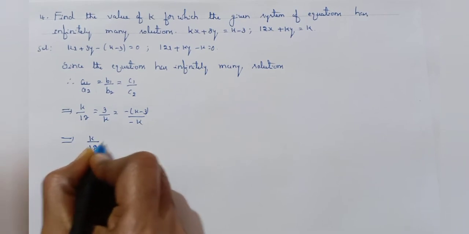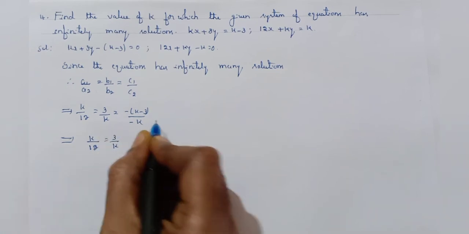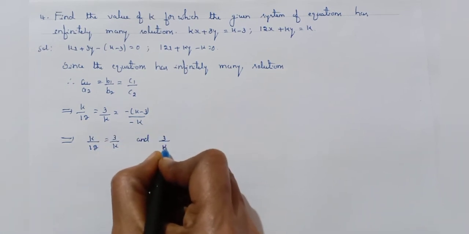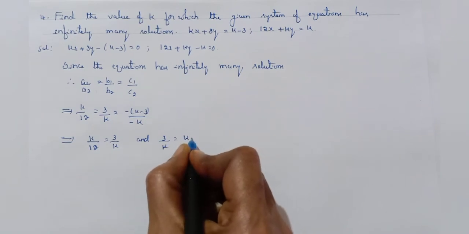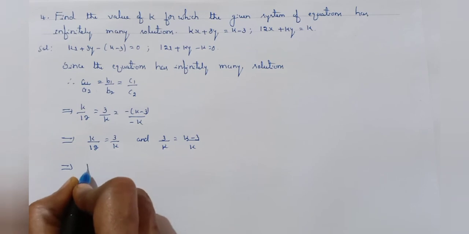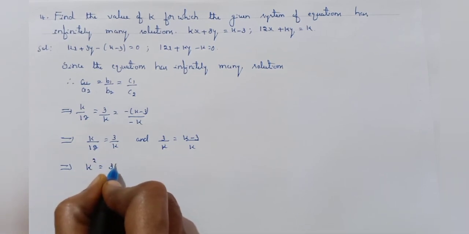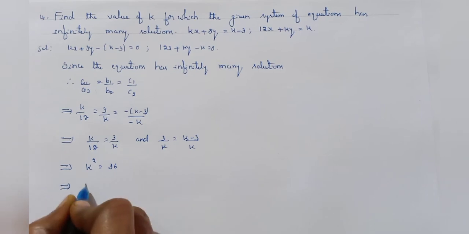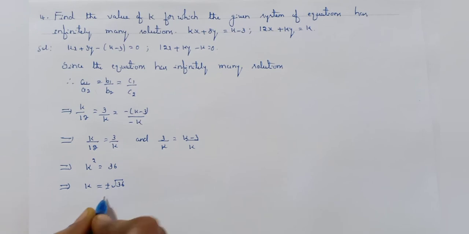K by 12 is equal to 3 by K, and second and third ratio 3 by K is equal to minus gets cancelled, K minus 3 by K. Now take the cross multiplication. K into K is K square is equal to 36. So K is equal to plus or minus square root of 36. So K is equal to plus or minus 6.